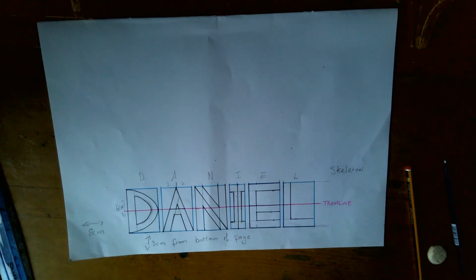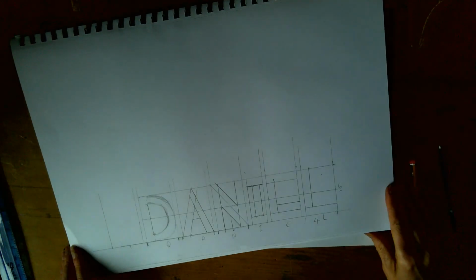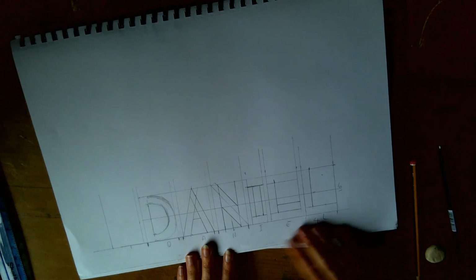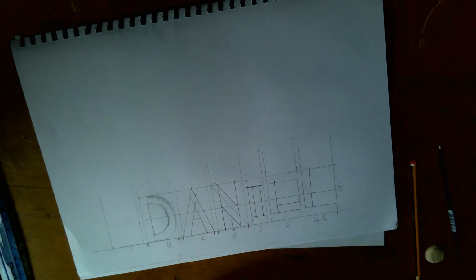But what I want yours to look like is like this one here, very light and sketched out, with a little bit of your grid lines still visible. That's what I want you to present to me, so that if you've made any mistakes, I'll be able to see them and we'll be able to fix them up.